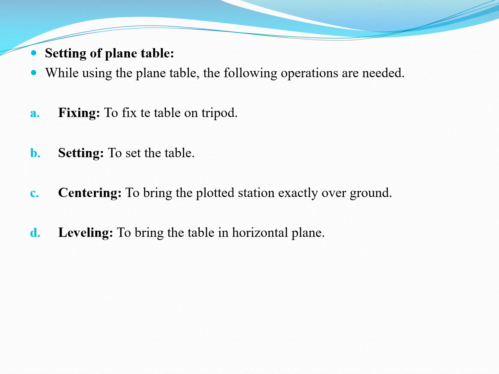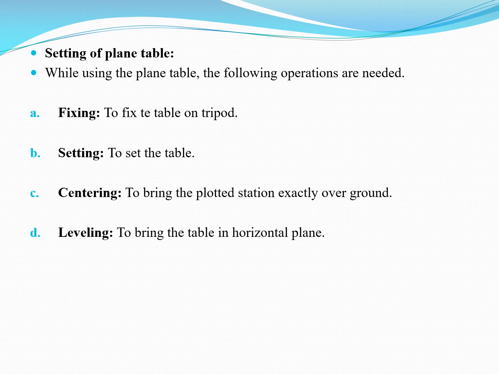This operation is done by U fork. The pointed end of the U fork is placed against the plotted point on the sheet and the plumb bob is suspended through that. The plumb bob is brought to the center of the station on the ground by adjustment of tripod legs. This operation is to be done without disturbing the leveling.